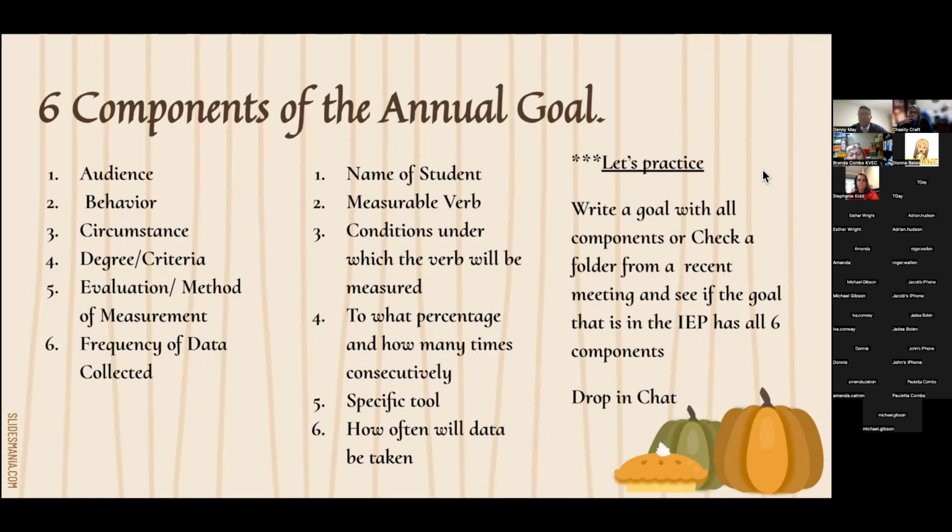So when presented with 10 2-digit by 1-digit multiplication problems, Sam will solve with 80% accuracy on 4 out of 5 trials, as measured by twice monthly math probes. That's how I would say that. So we need a verb in here that is measurable, and we don't put to be able to anymore.